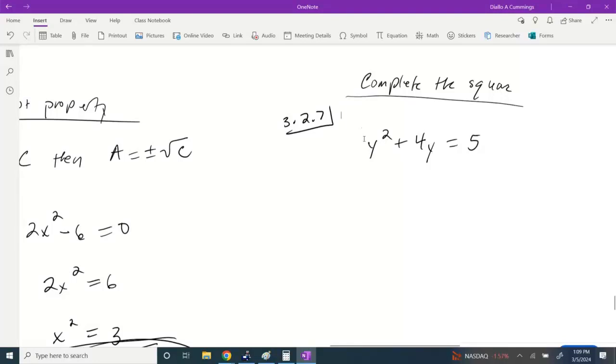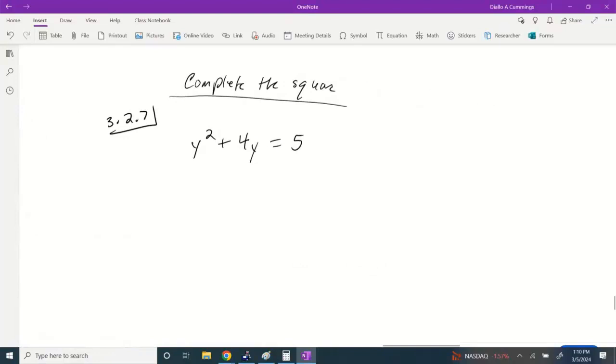And the coefficient of your squared term must be a 1. So I have the coefficient squared, the first term is 1, and I have my first degree term, which is just your variable raised to the first power. So both of those things must be on the side of your equation together. Okay. So this is the correct form that I have.